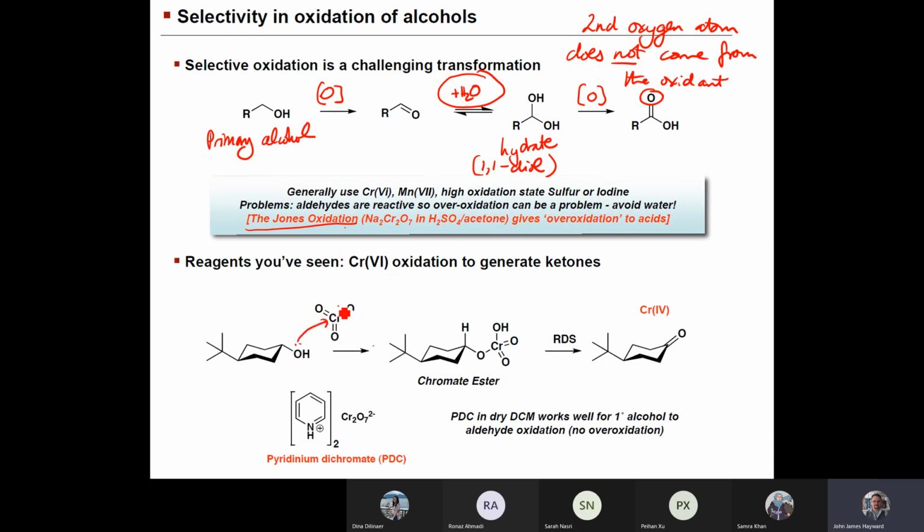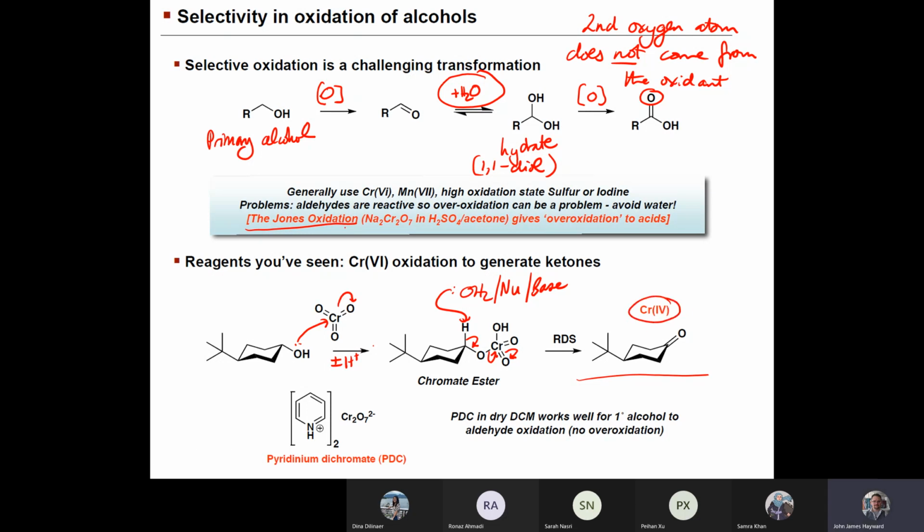You know, we can draw that going like this, plus and minus H plus for the transfer, and then we can lose the chromium in an oxidation step. So if we're in water or something, then some kind of nucleophile or base can remove that H. That then gives the ketone shown here, and chromium 4.